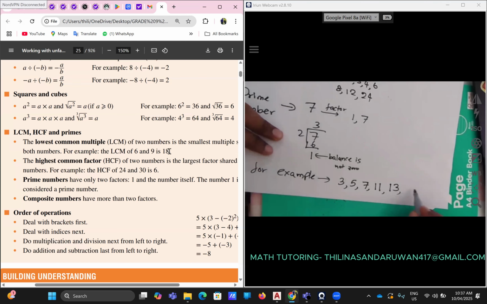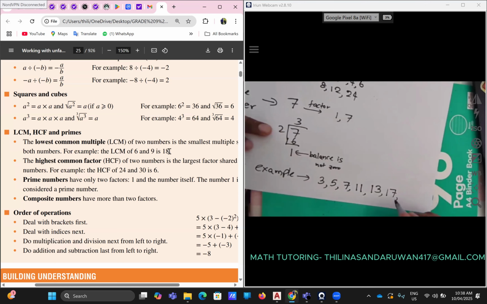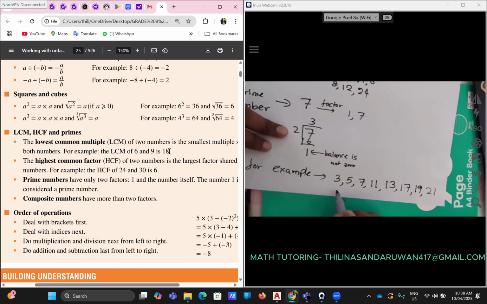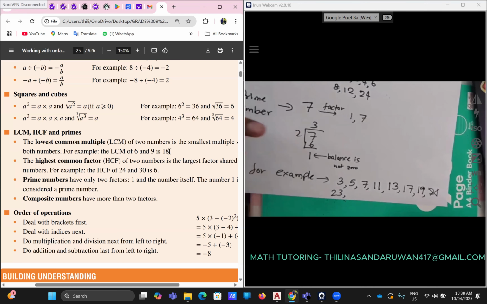And I think 17 is also a prime number. You can check that. I can't remember. And 19, 23. Not 21, because this can be divided by 3. I think these are the main prime numbers. You can just check it.